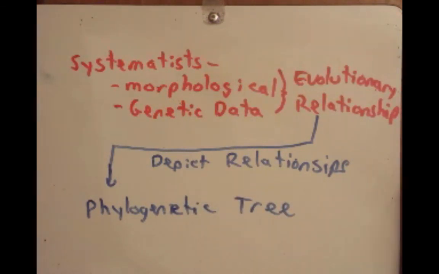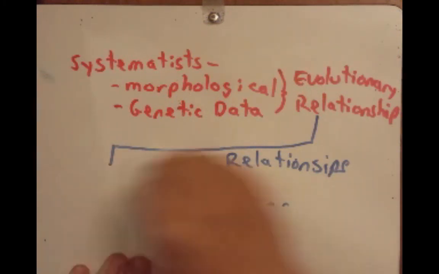And so let's erase this here and let's draw a simple tree. And in doing so, we're going to go over some basic terms of a phylogenetic tree. So let's draw a phylogenetic tree with an order of organisms that we're all familiar with, the primates. And so let's go ahead and list 5 of these here.